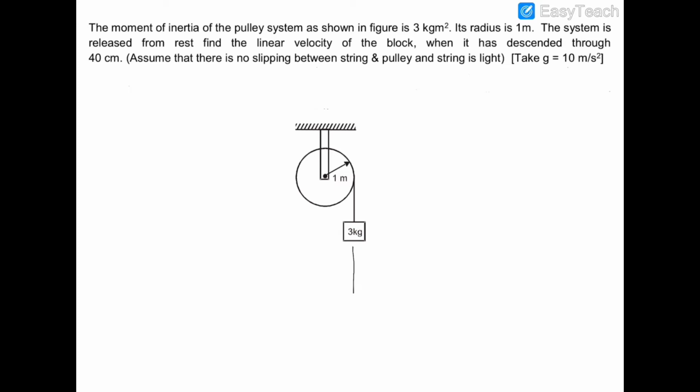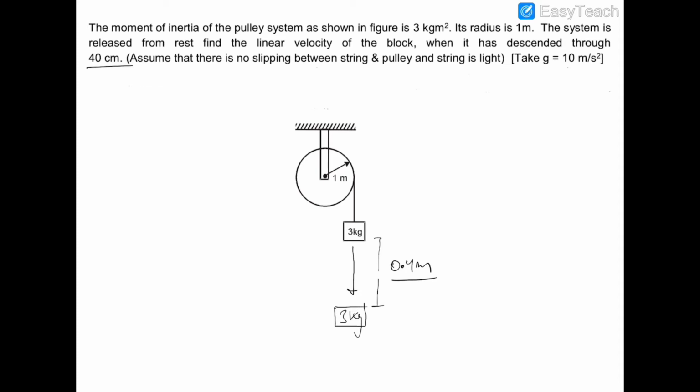of the block at the time when it has descended by a distance of 0.4 meters. It is given in centimeters, but I am mentioning it in meters. So this is 0.4 meters.